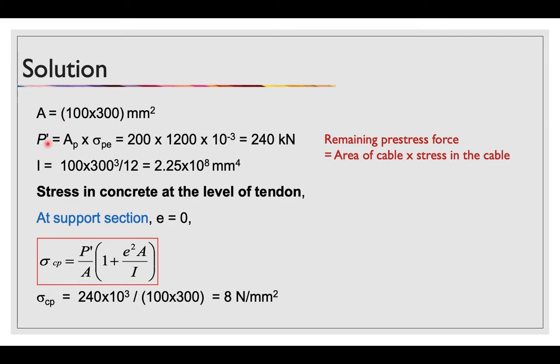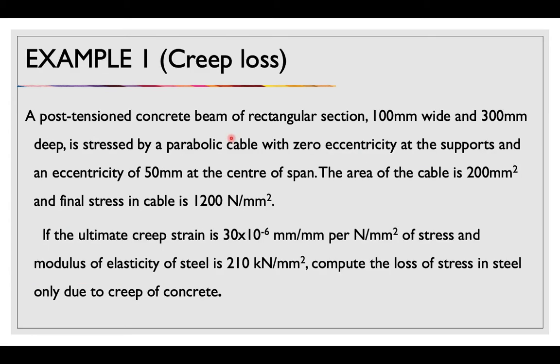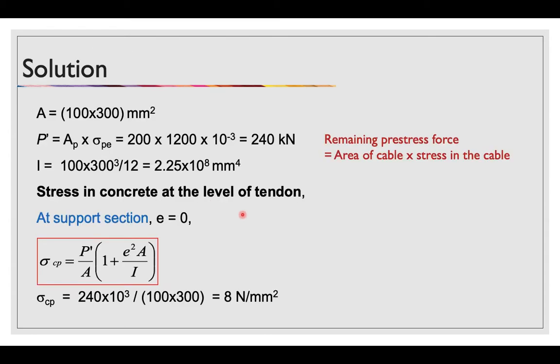Then we calculate the remaining pre-stress force. Here we consider the area of cable and multiply it with the stress in the cable. These two pieces of information have already been given in the question. So just calculate this value, which is P prime. We have here 240 kilonewton.